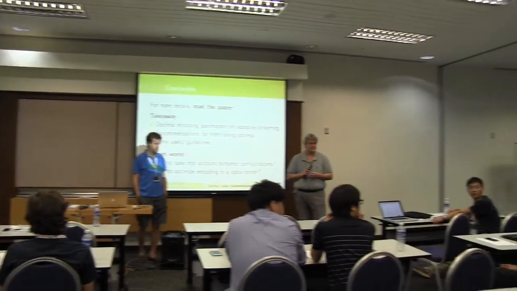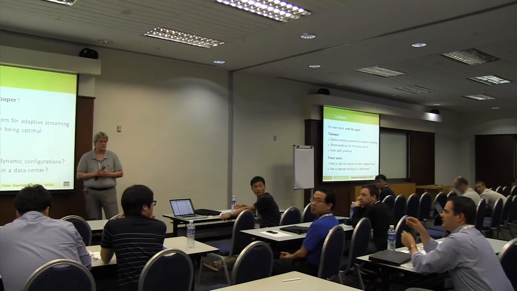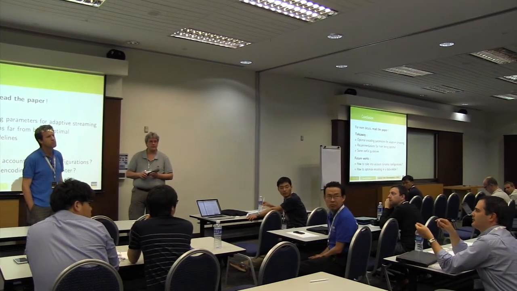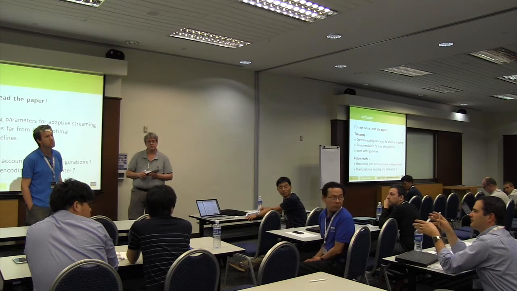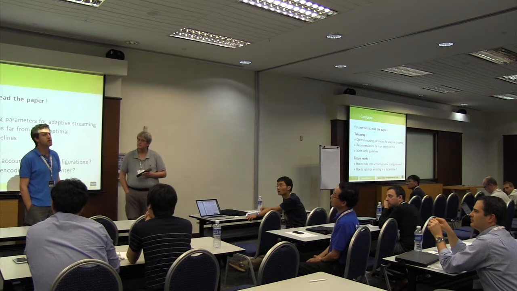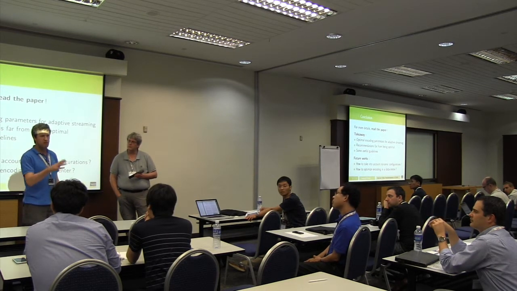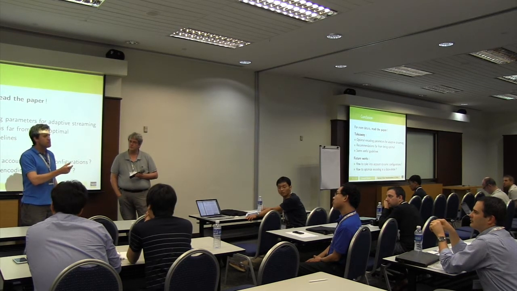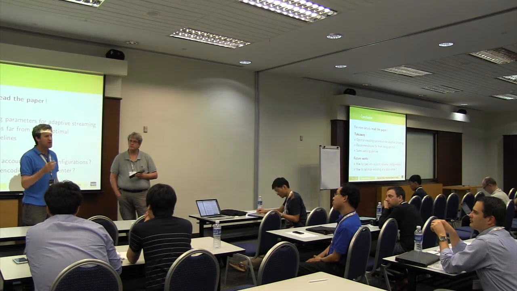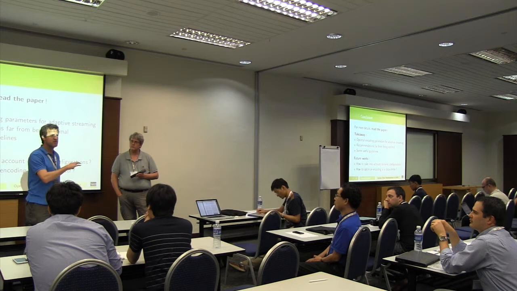Yeah, I have a question. How did you model the requests of the users for a given bitrate? Do you have a model of the requests of the users? Yeah, we have a distribution of bitrate users, and we try to be as realistic as possible, but it's always hard in this stuff.